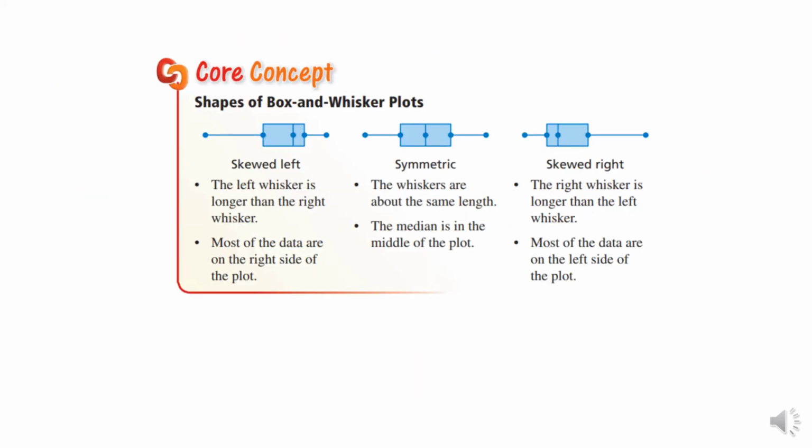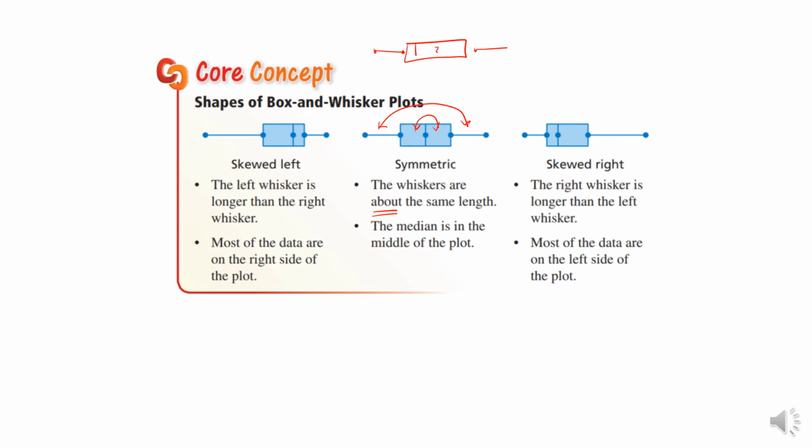So these are different shapes. We've talked about being skewed left or right before. So if the whisker on the left is longer, then it's skewed left. If it's pretty even, they don't have to be exact, but if they're pretty even, see it says about, then it's symmetrical, and you want to look at the box too. Because if you have one like this, that's not symmetrical, okay?